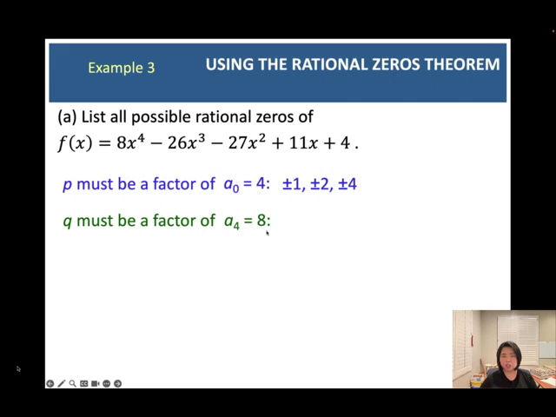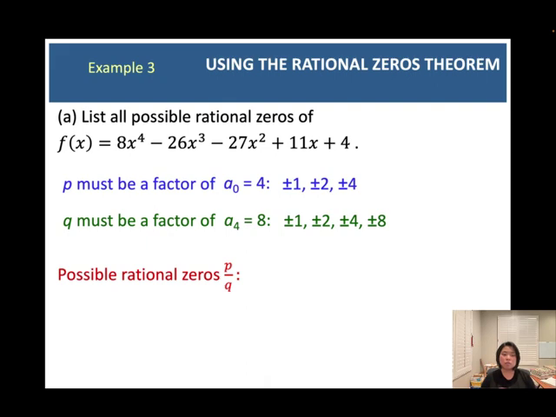Okay, how about the q here, the 8? You can break it down into 1 times 8, 2 times 4. And that's it, right? And then of course it's gonna be plus or minus for each one. Now we're gonna write down the possible rational zeros. It's gonna be p over q.